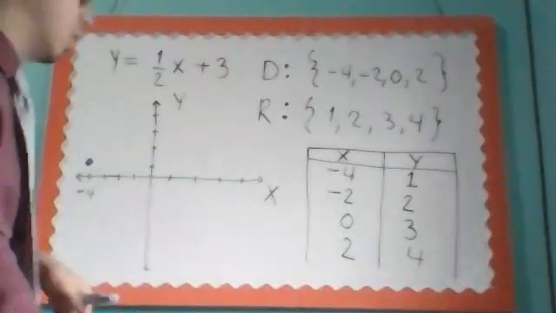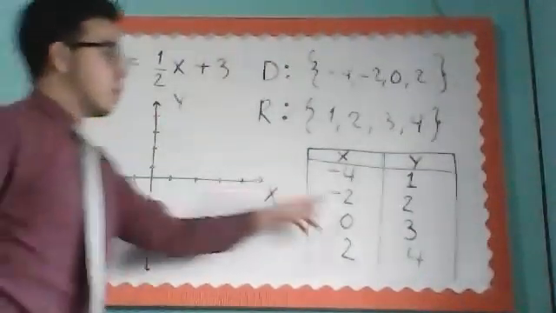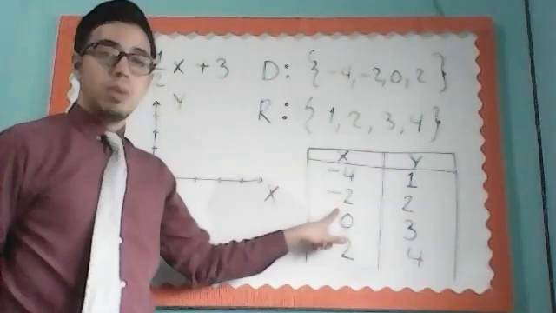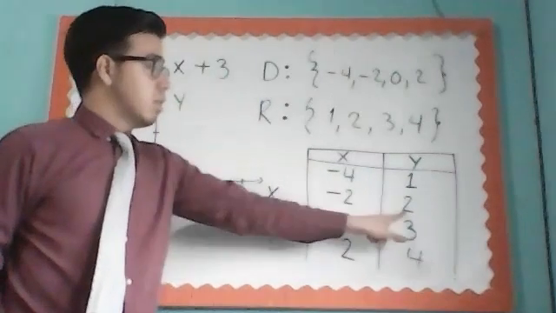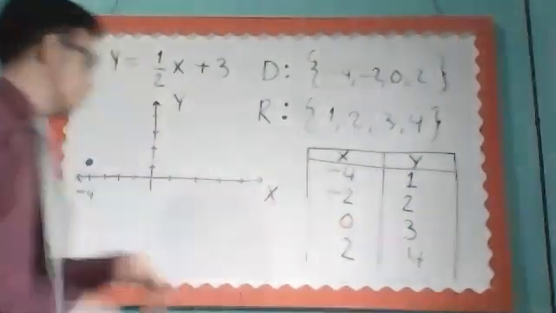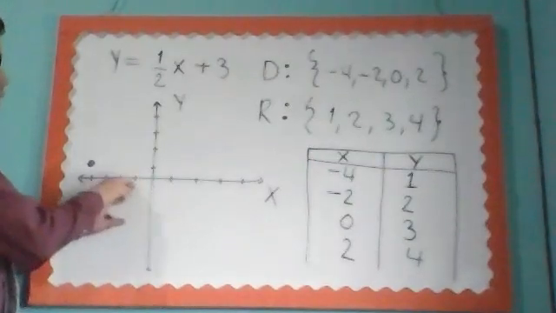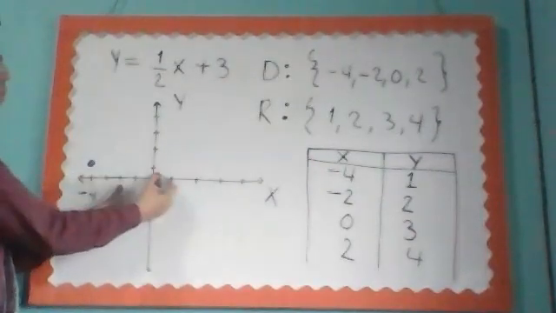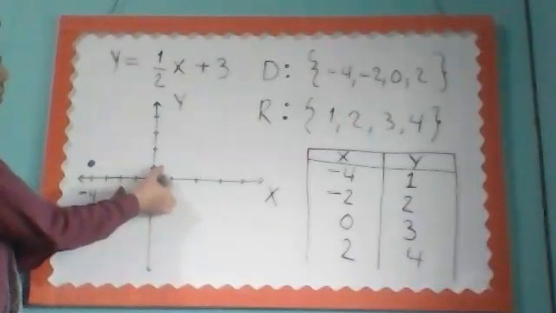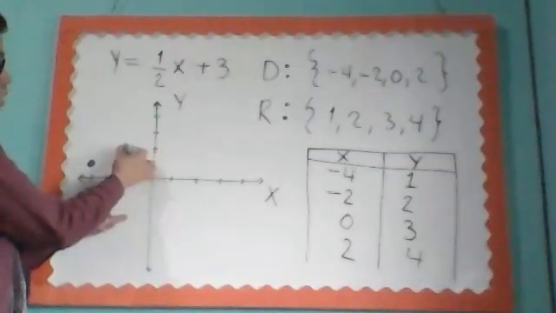Okay. The next one, when x is -2, y is +2. x is -1, -2 in here, and y is positive, so 1, 2.